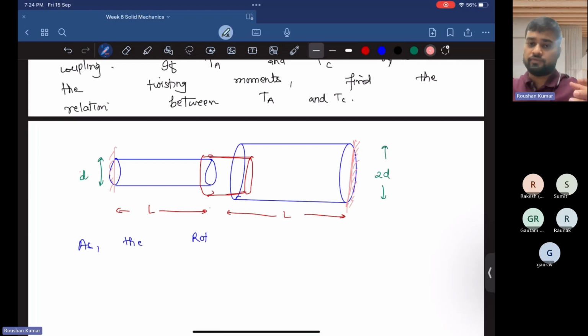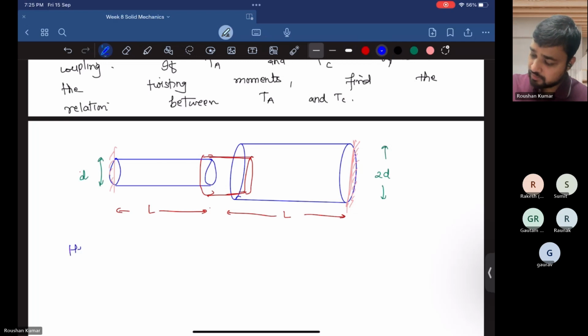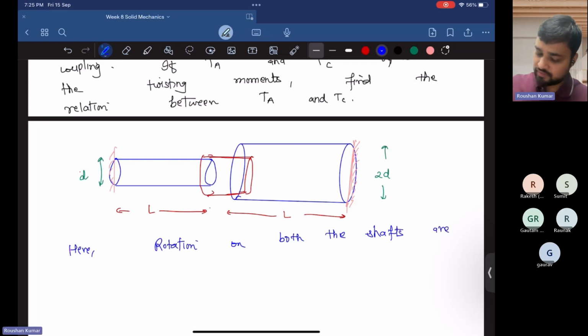So if we twist from in between, if we provide a torque through the coupling, equal rotation will happen in both the shafts, because the two shafts are cantilevered. So here the rotation on both shafts is the same.